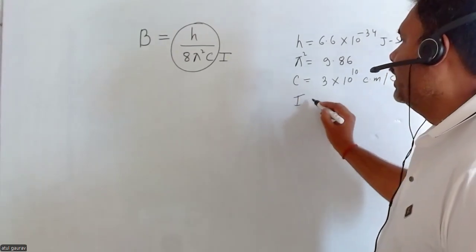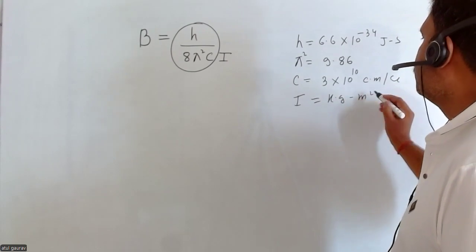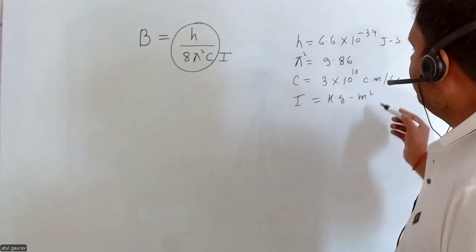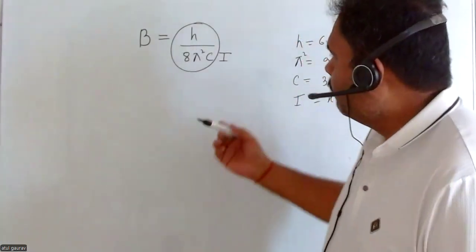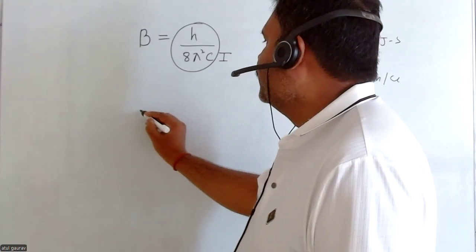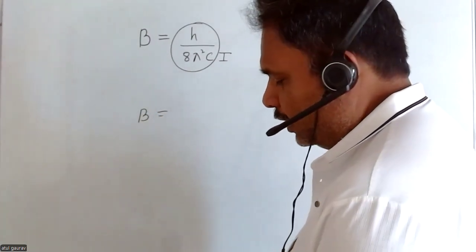And I will take I as kg meter square. So we have put everything in SI, but c we put in CGS. And once you put all these values, you can easily get B, and I have calculated this one for you.